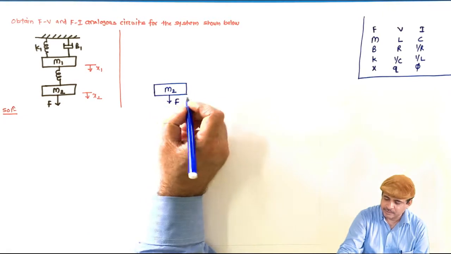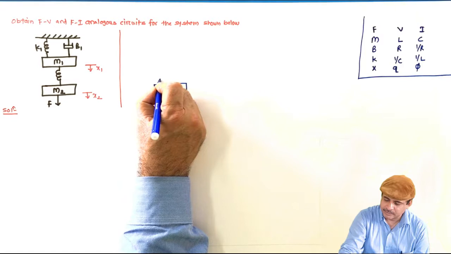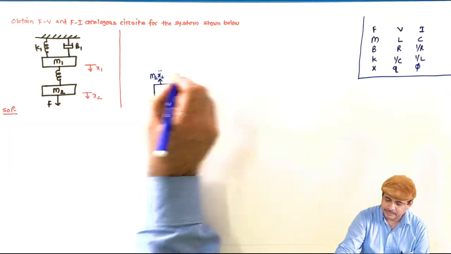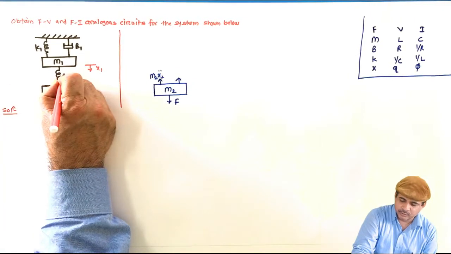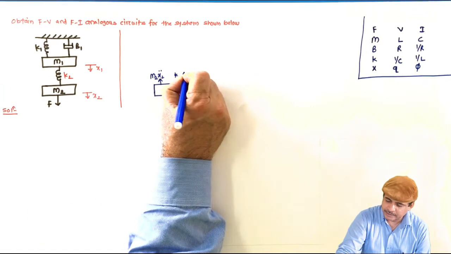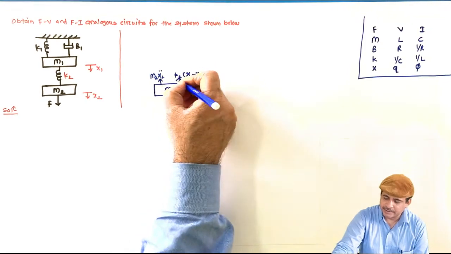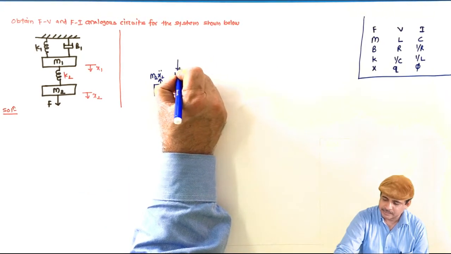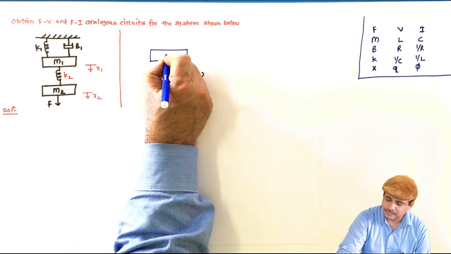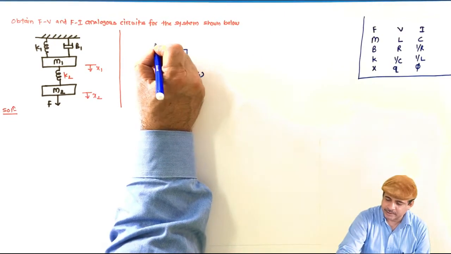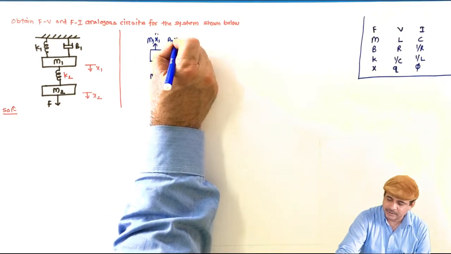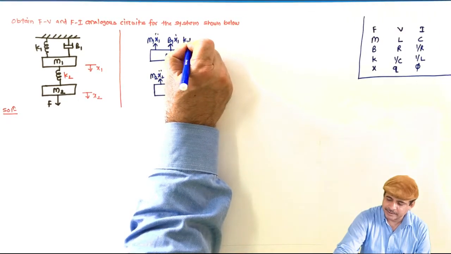So this is F, which will be counterbalanced by M2 X2 double dot and K2 (X2 minus X1), the spring between these two bodies. This will be counterbalanced by M1 X1 double dot, B1 X1 dot, and K1 X1.